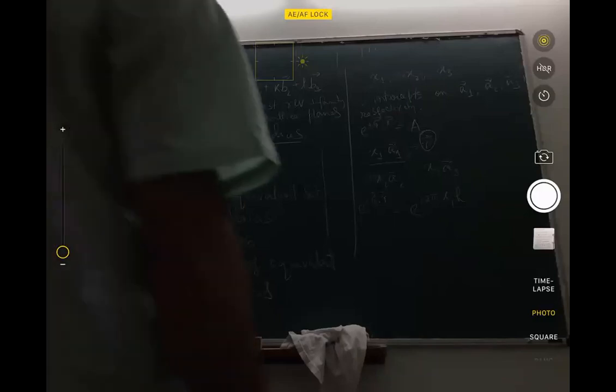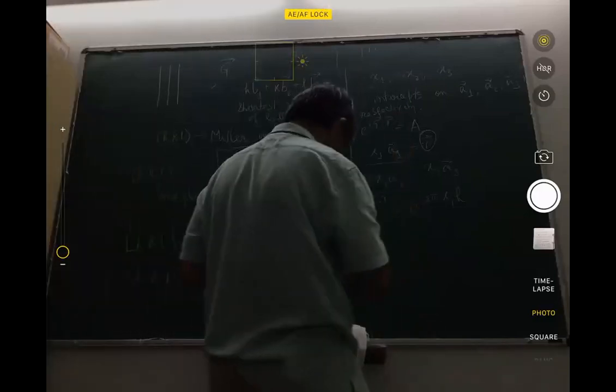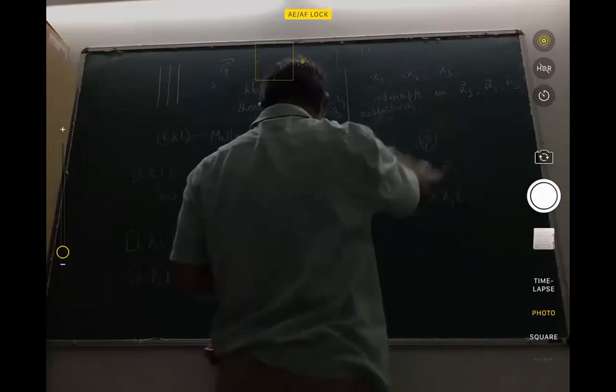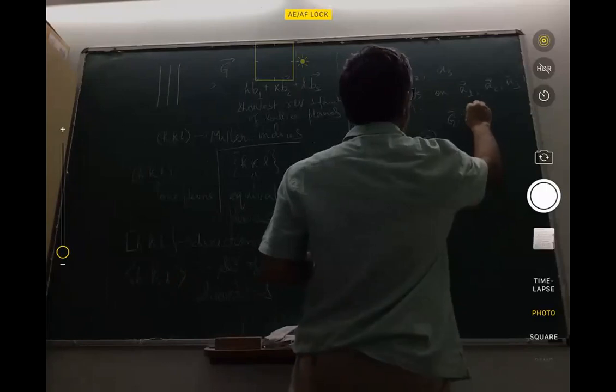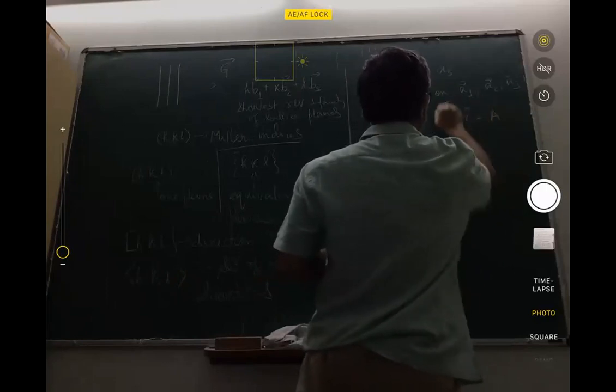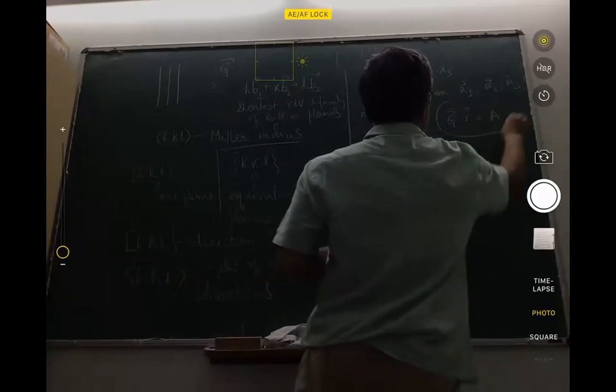What I want to write is, let us say G dot R is equal to a constant on the planes, saying the same thing.